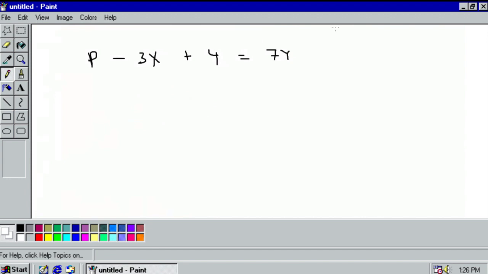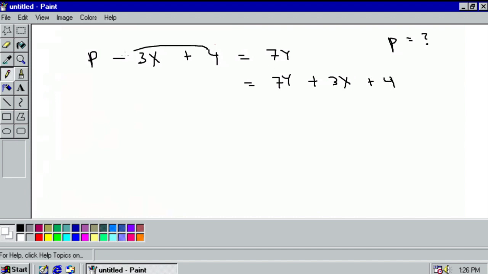Okay, how about this? Find the value of p. We're gonna move the terms here to the other side, which gives us 7y, and the signs will change. It will become positive 3x plus 4.